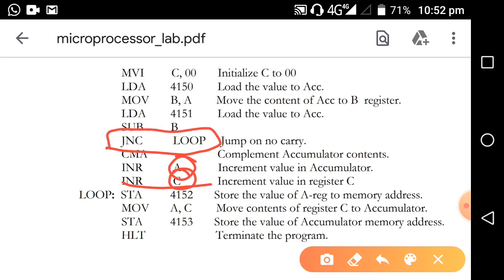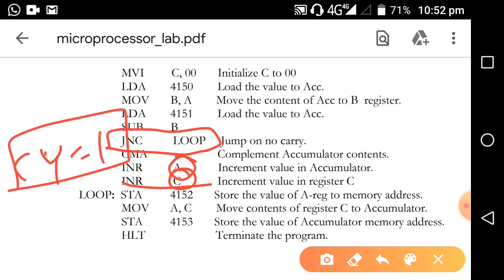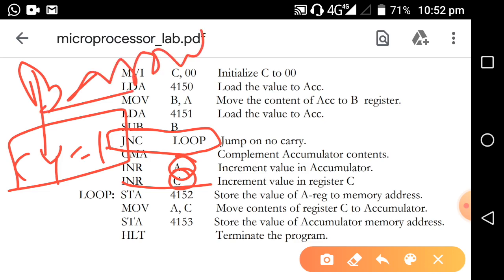That means carry equals 1, and this carry is also represented as borrow because it is a subtraction process. Okay, so after this step, the following steps are common whether there is a carry or not. STA 4152 stores the difference, and then we store the borrow.